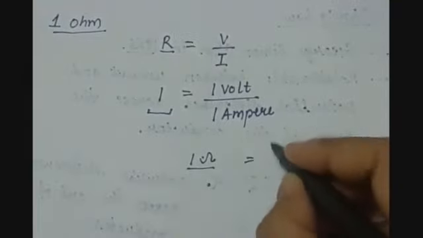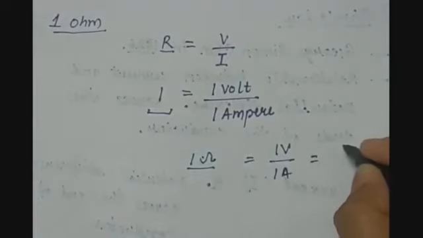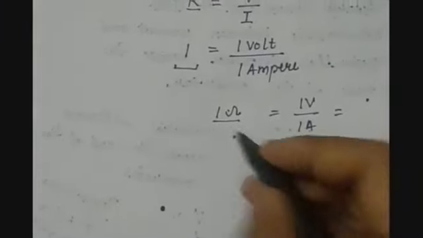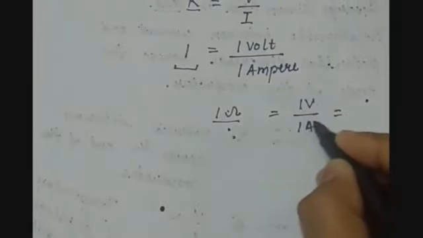So it will be 1 volt per 1 ampere, or volt per ampere.